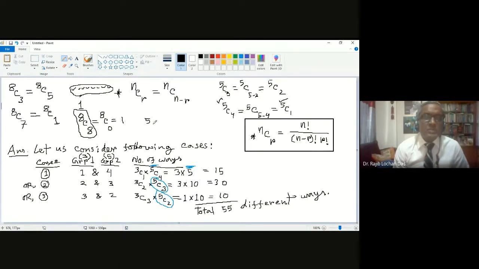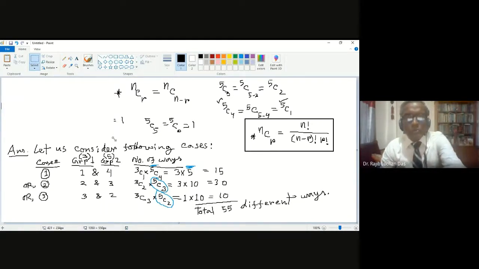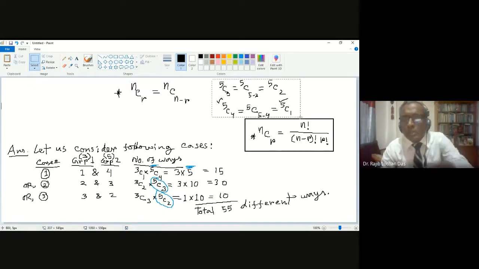If you think 5C5, 5C0, that is also 1. So in the same way, if you understand the situation, you can do it very quickly. So that is why I can do this quickly. So this is one fact that NCR equal to NCN minus R.